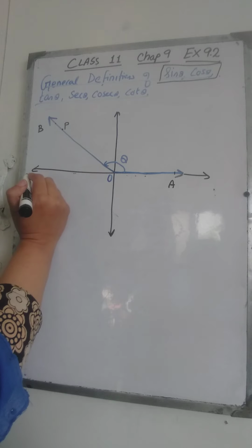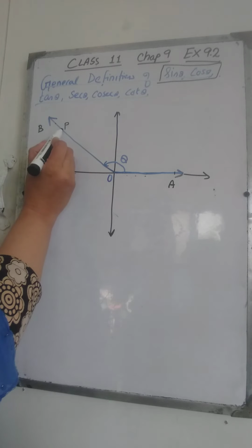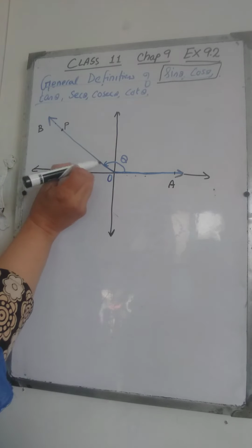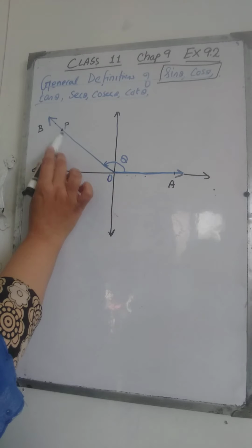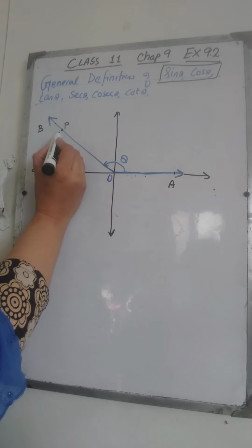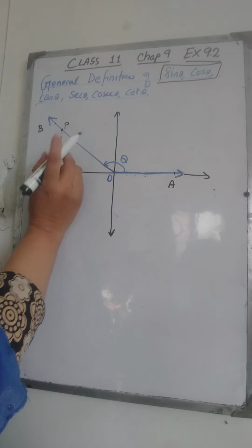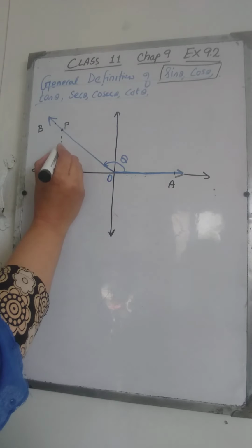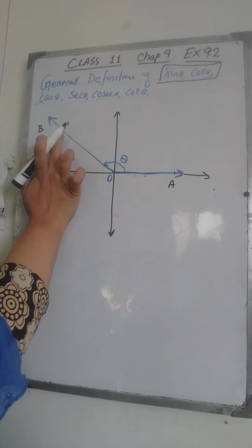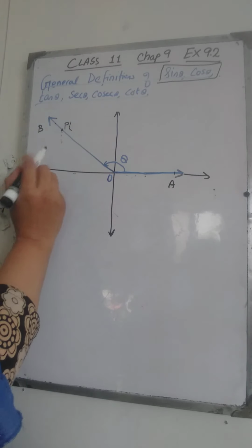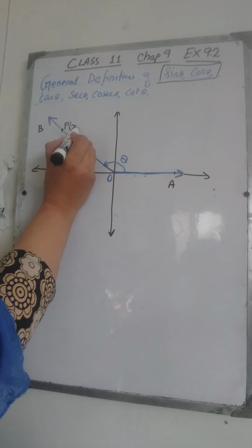Now you are going to take point P on any point on this terminal arm. Then you are going to drop a perpendicular, or even if you don't drop it, just let the coordinates of the point P be x and y.